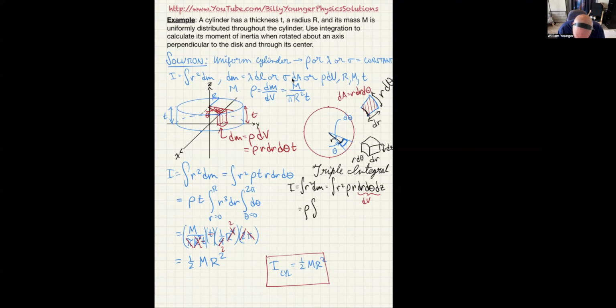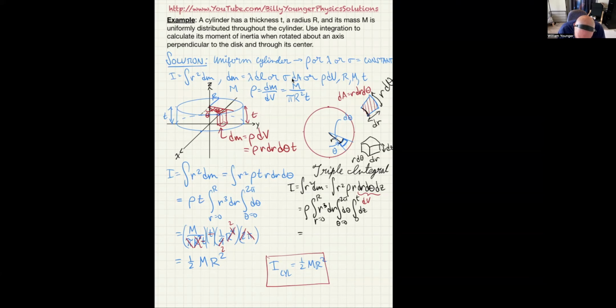But now I have the integral of r cubed dr, the integral of dθ from θ equals 0 to 2π, and this one's from r equals 0 to big R, and then the integral of dz from, let's say, 0 to t.